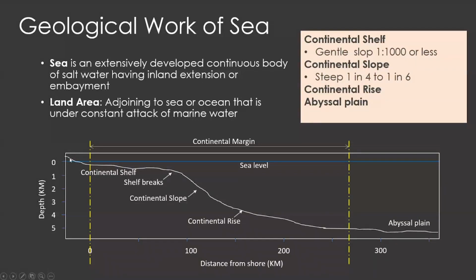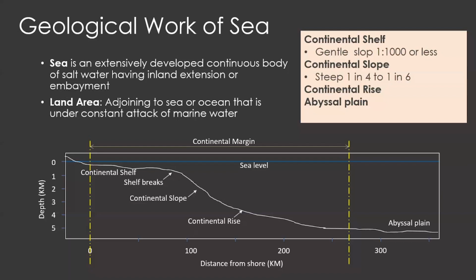In the same way, when the water from the river goes into the sea, it starts depositing on the continental shelf or the continental slope. So this is a general cross profile of our sea.